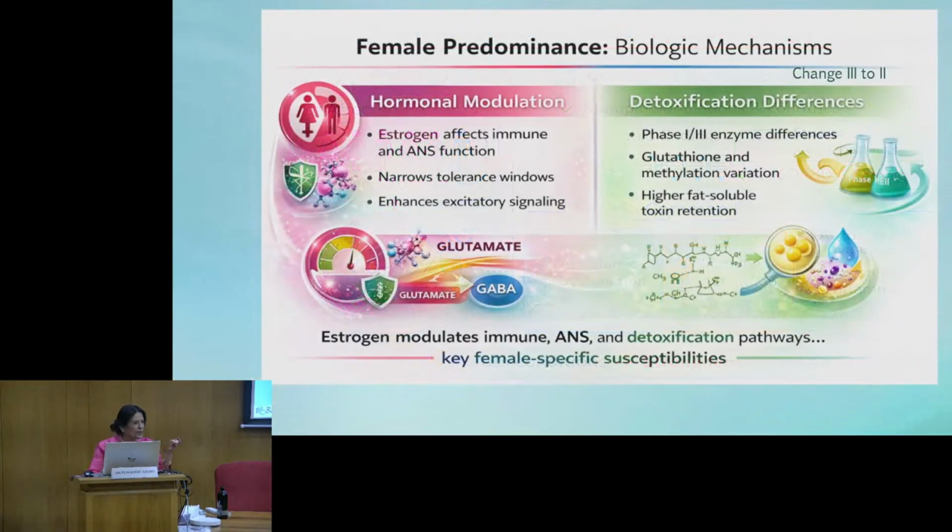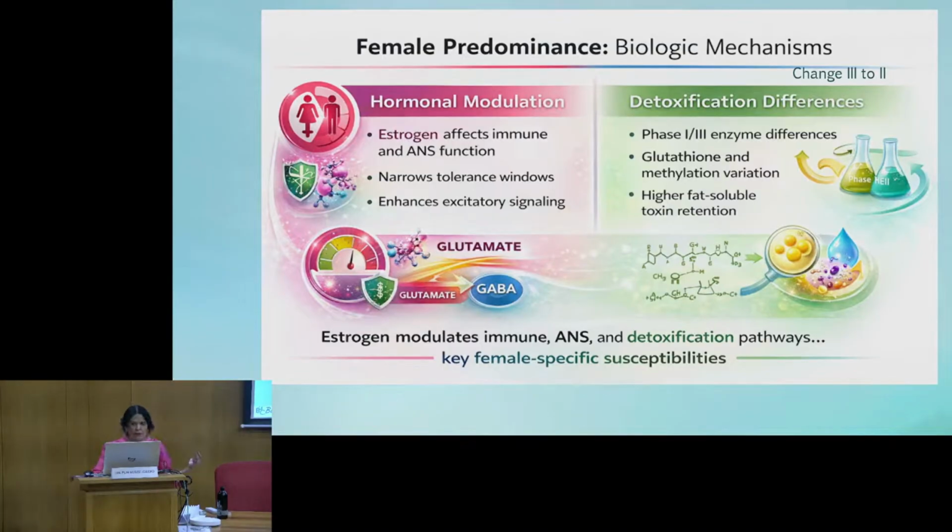So how is it that females are so predominant? Because estrogen affects the immune system and autonomic nervous system. It narrows the tolerance windows, and estrogen modulates the immune system, autonomic nervous system, and detoxification pathways, and so these are the reasons that females are specifically susceptible, and they have a reduced phase 1 and phase 2 enzyme system.